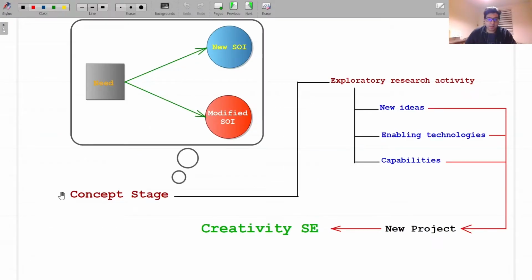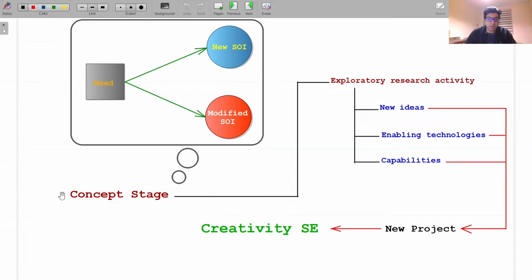The concept stage begins with some recognition of a need for a new or modified SI. Many industries employ an exploratory research activity in the concept stage to study new ideas or enabling technologies and capabilities, which then mature into the initiation of a new project for the SI.